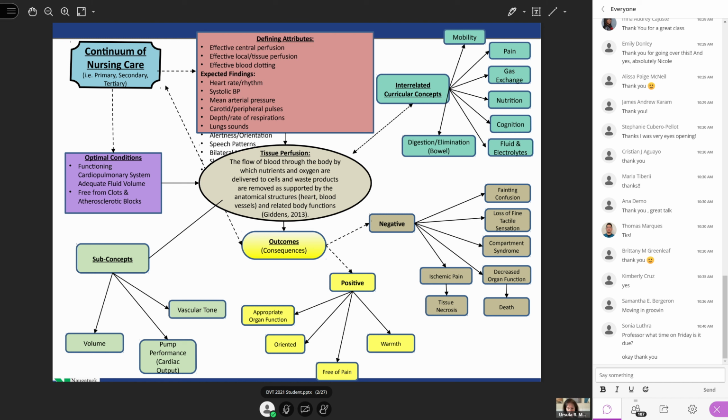What's really important for you to know and understand is that we have a system in our body from the heart, right? The blood comes out from the heart, it pumps through the heart and goes to the lungs.